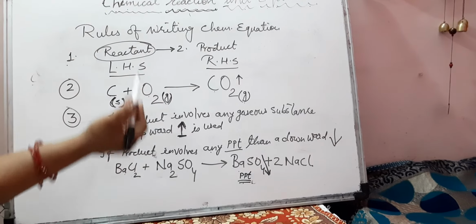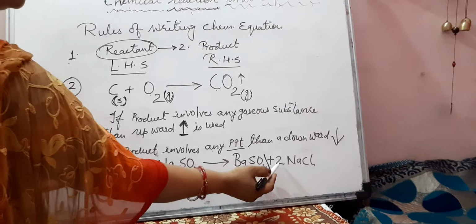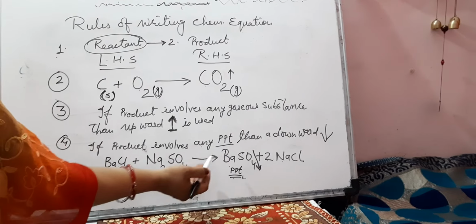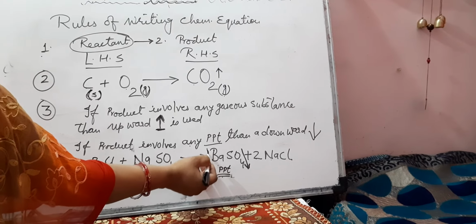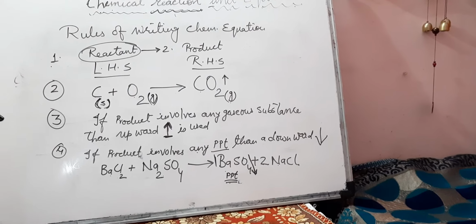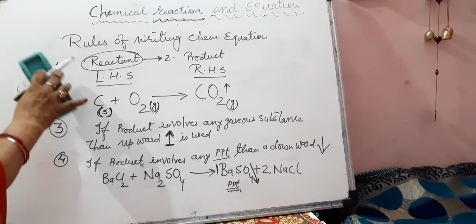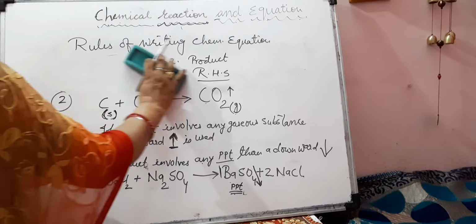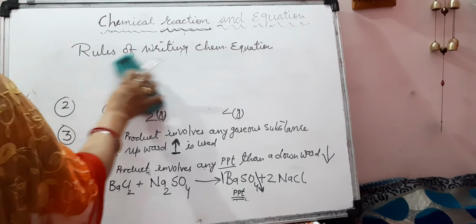Now you can ask why I am writing 2 NaCl here. Barium sulfate is 1 only, but NaCl is twice. Why is it so? I will tell you by taking the fifth rule of writing a chemical equation.